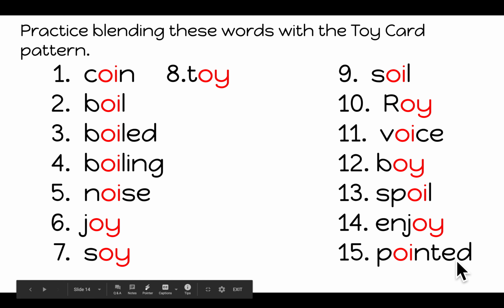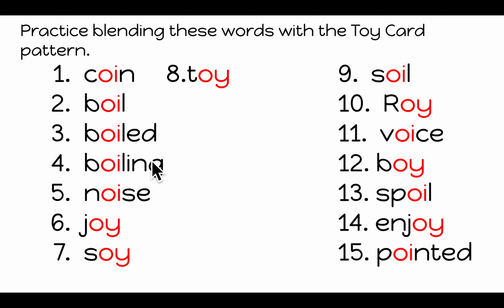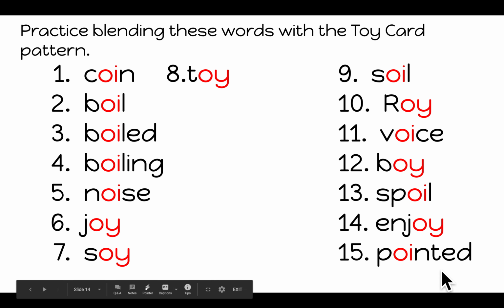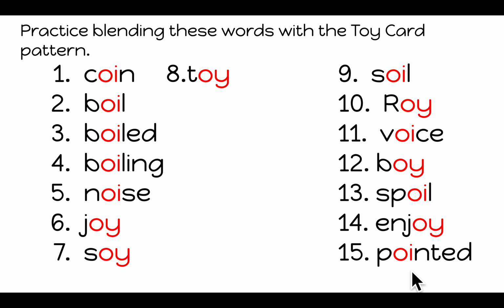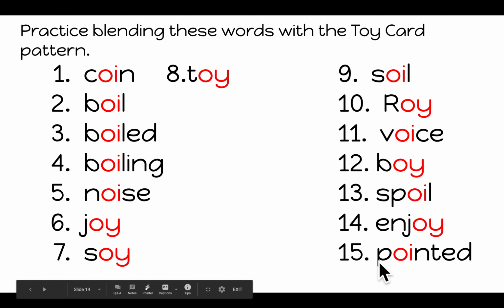Now, we see ed just like we did last time, ed, and then ing gives you clues that this is a verb, and this happened in the past. Yesterday I pointed at my friend. Okay, when someone wanted to know who I was talking about, right? So the base word is point and the ending is ed.